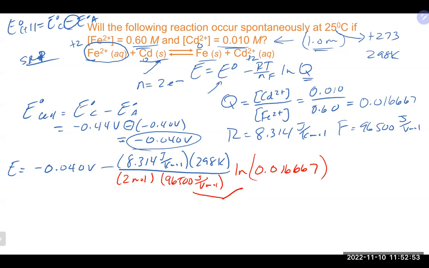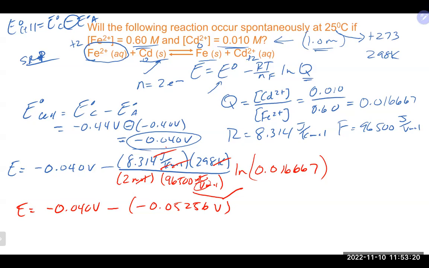That is going to give me E is equal to minus 0.04 volts minus a minus 0.05256 volts. By the way, Kelvin cancels, moles cancel, joules cancel, and the rest of it cancels here, and we end up with volts basically at this point.